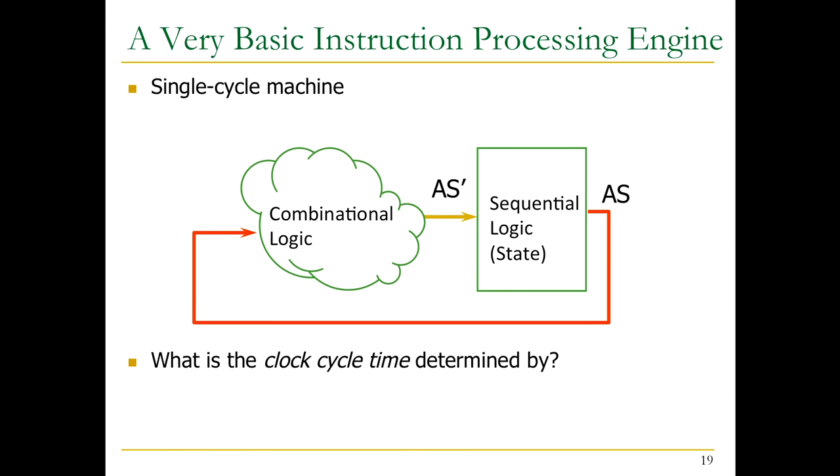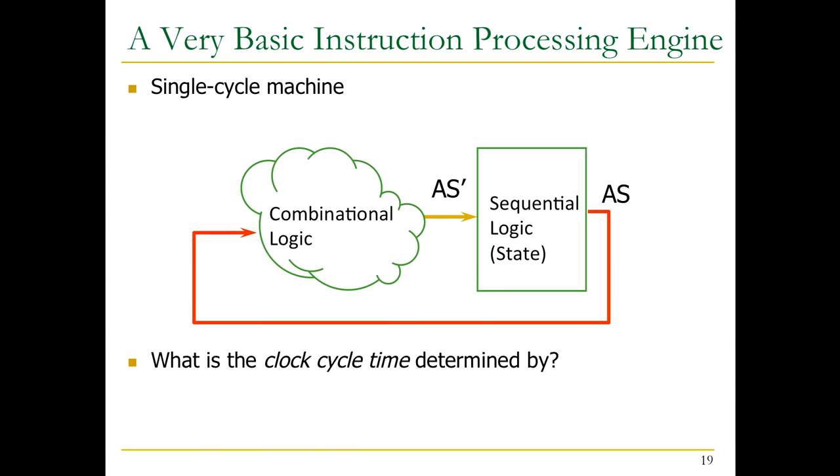And we've already seen in the last lecture that the clock cycle time is determined by the what? That's true, yes. But what determines the clock period? Yes. The longest path, sure.